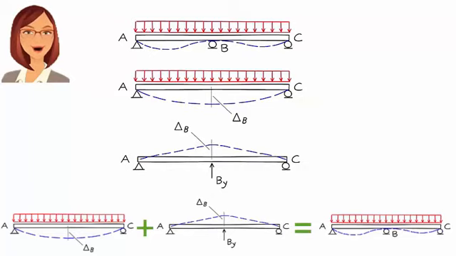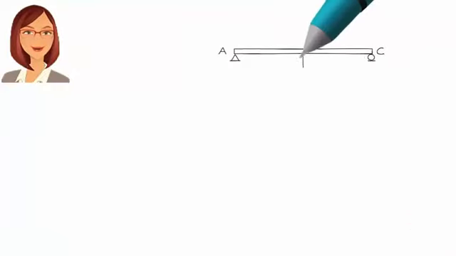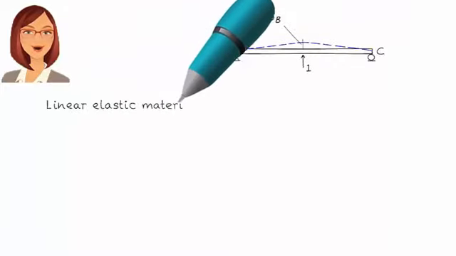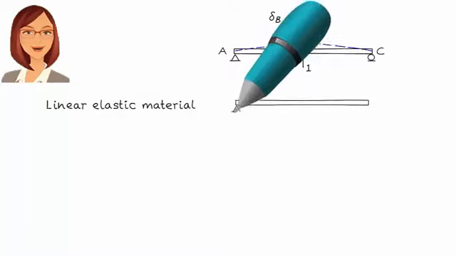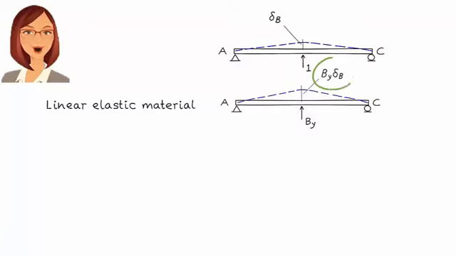Let's write the equation that models this process. We are going to denote the upward deflection of the beam under a unit concentrated load at B as delta BB. Assuming linear elastic material, then upward deflection of the beam due to a load with magnitude By can be written as By delta BB.